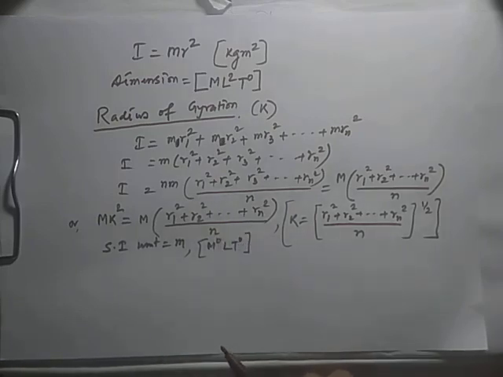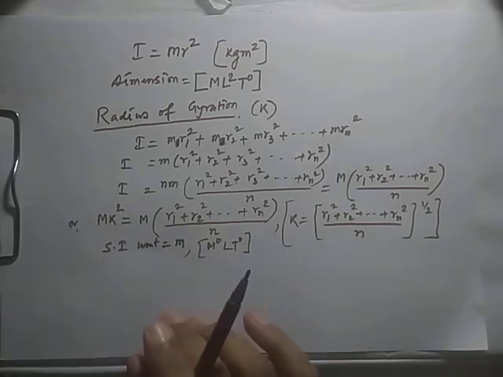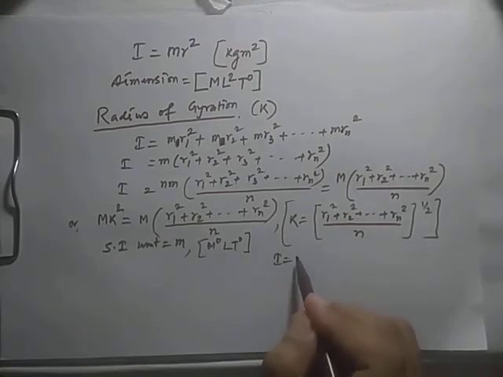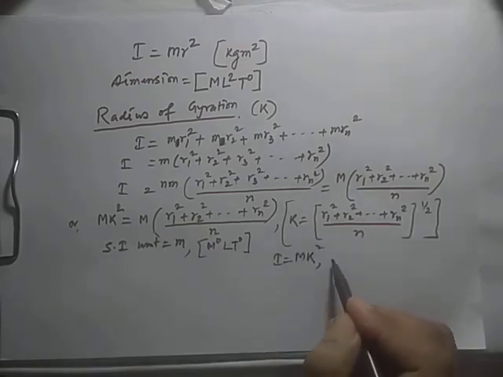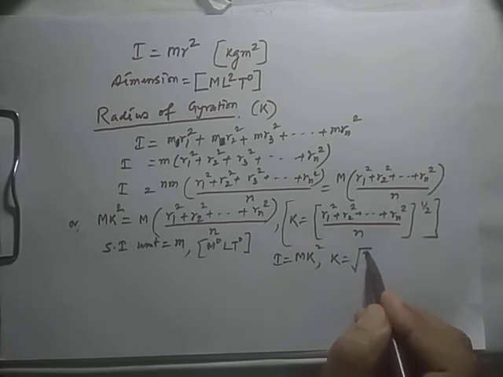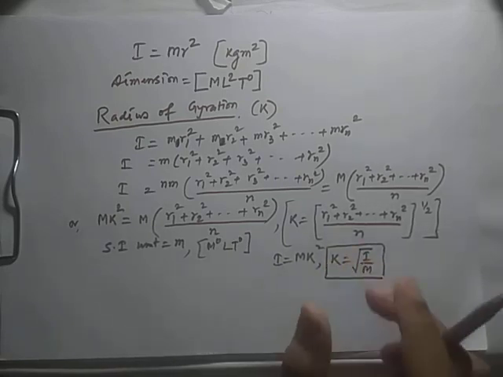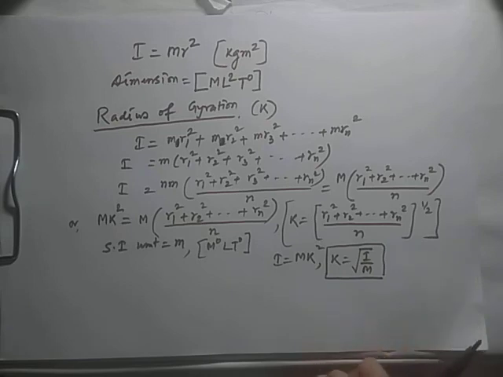Another formula you can write: as you know I is equal to M into K square, so K is equal to root over I by M. That is also another important formula for the radius of gyration. The radius of gyration depends on the axis of rotation of the body.